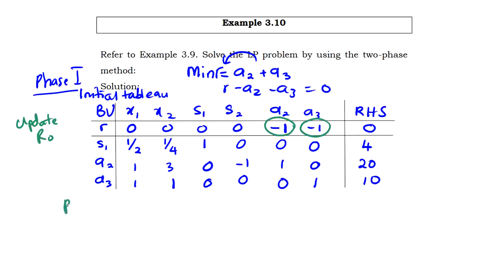So the formula is row 0 new equals row 0 plus row 2 and row 3, since A2 and A3 are in row 2 and row 3. And the coefficients here are -1, -1. Therefore, here +1, +1. Okay, so in the next tableau, the updated initial tableau.